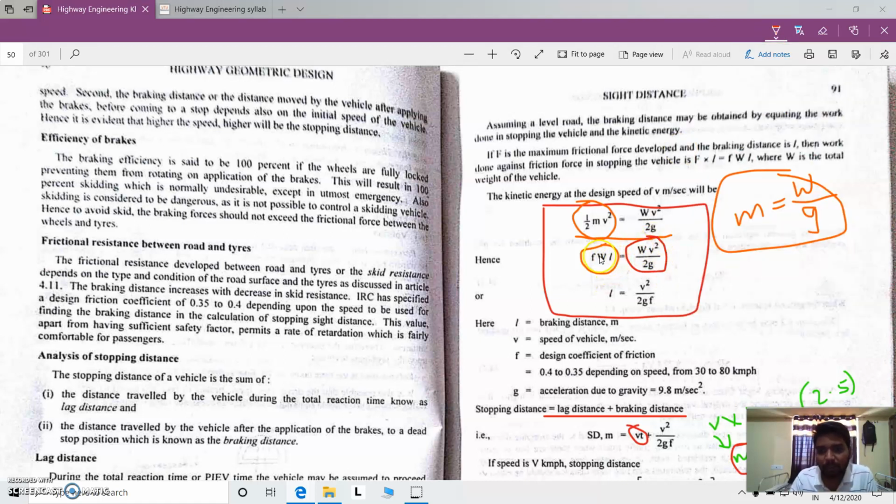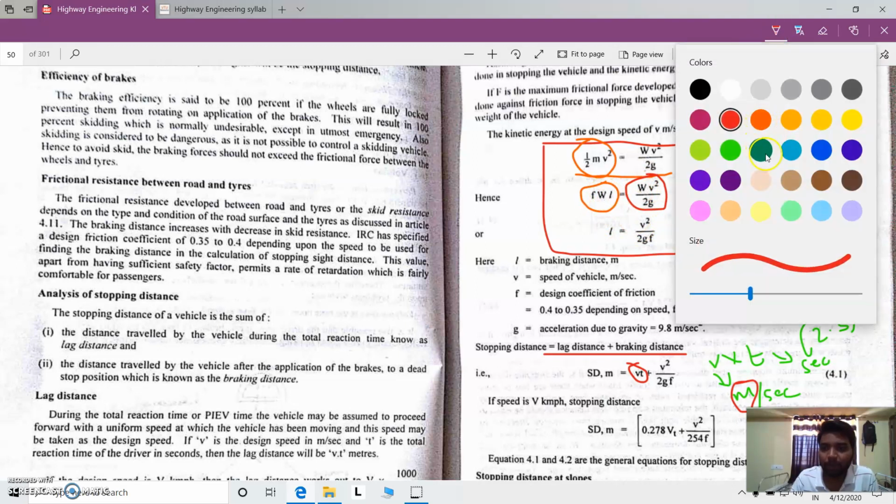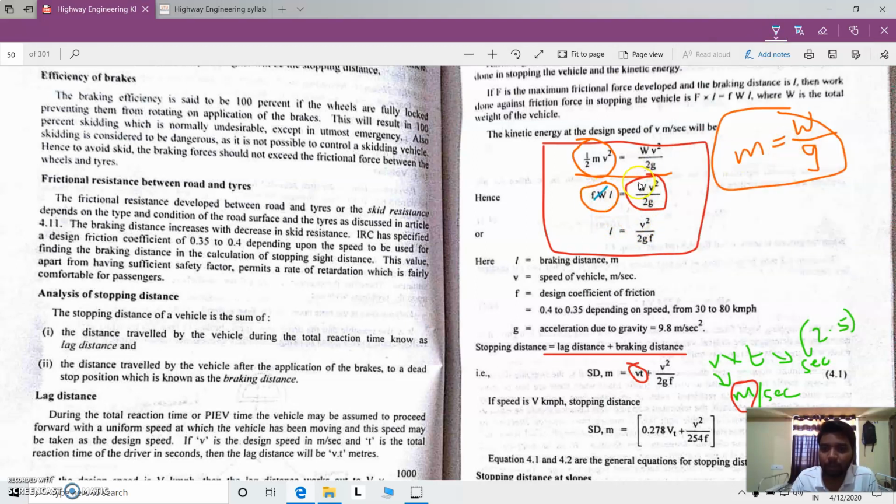In this equation we don't know L, but W will get cancelled on both sides, and we remain with F into L equal to V square divided by 2G.